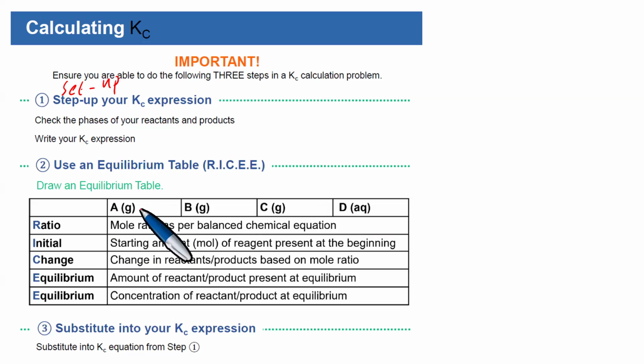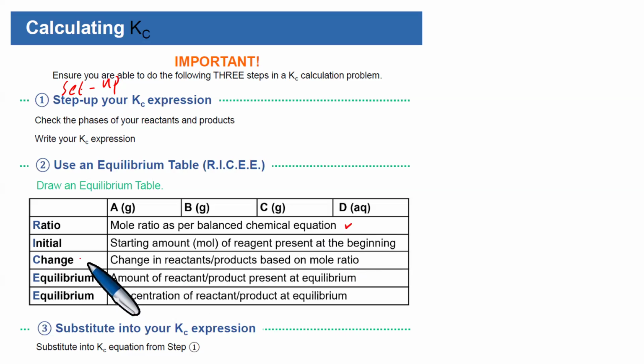For instance, A is a gas, B is a gas, C is a gas and D is aqueous. The mole ratio as per the balanced chemical equation: we're looking at the mole ratio when we have a balanced chemical equation.